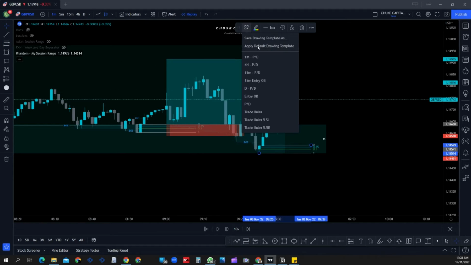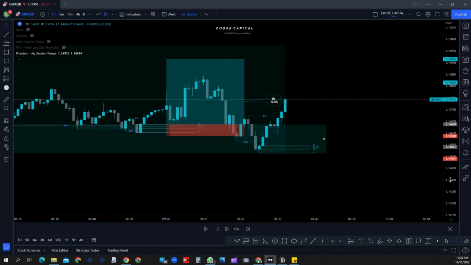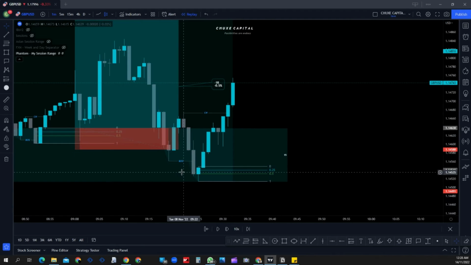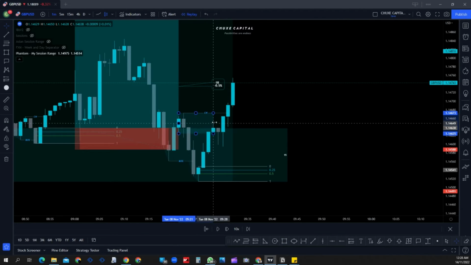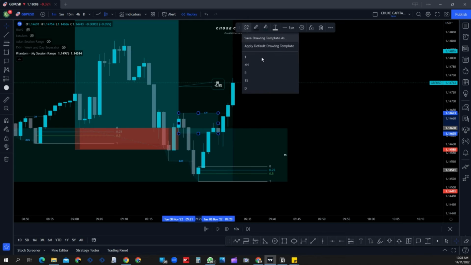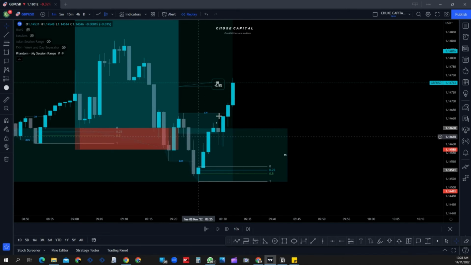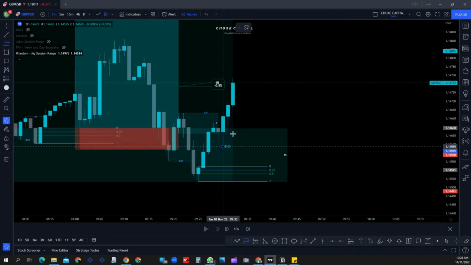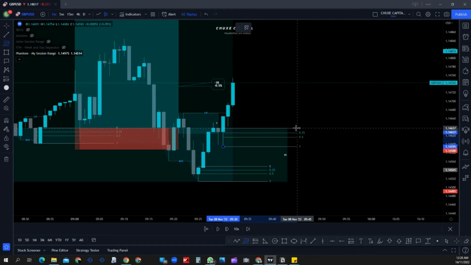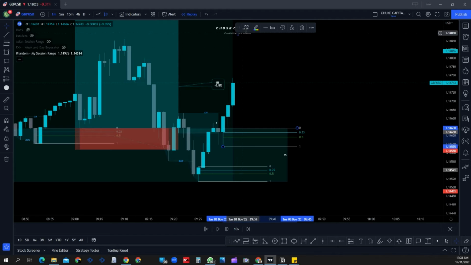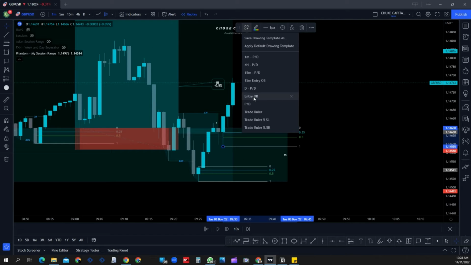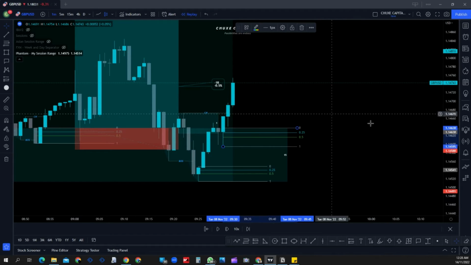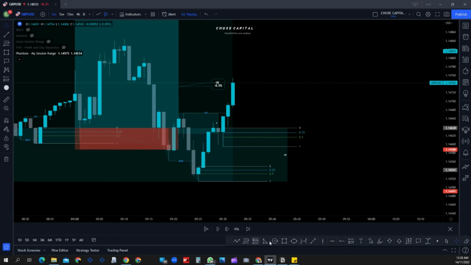Now, while I'm entering here, there is also a V-shape like recovery here. So we have this PB sweep. So I'm also going to enter here. So I'm going to place two entries.